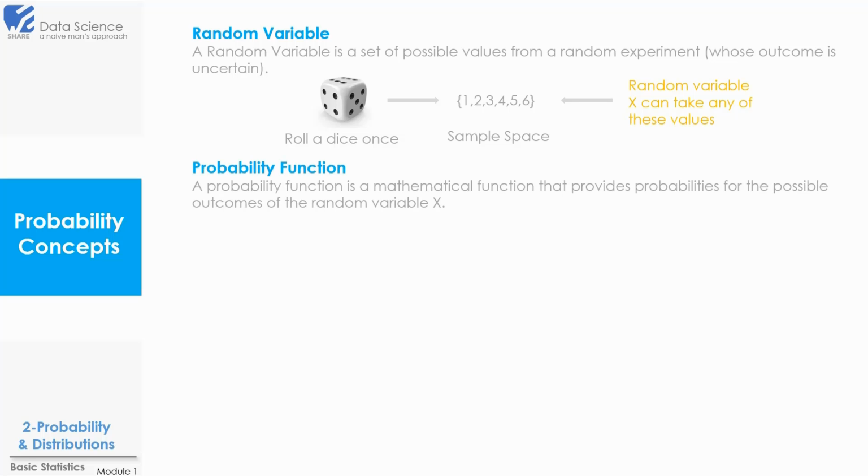Now the probability of the possible outcomes of a random variable is given by a probability function. There are two types of probability functions: CDF, which stands for cumulative distribution function, and PMF or PDF.